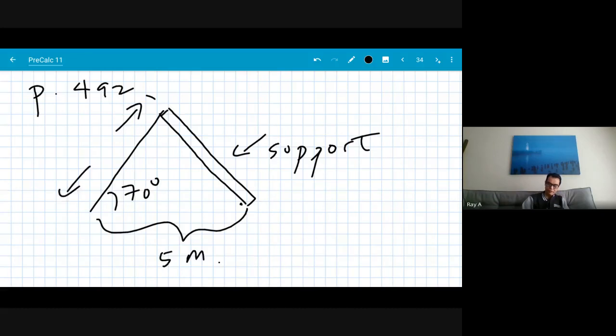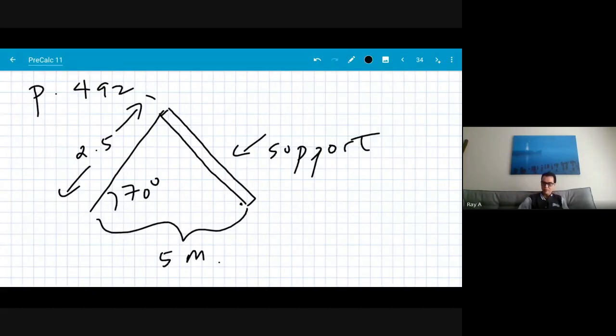This one is 2.5. So what is the length of the support? The length of the support is what we're looking for.